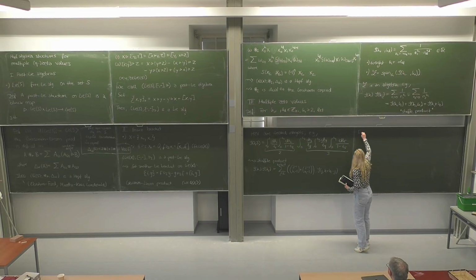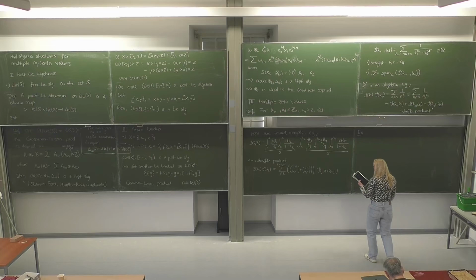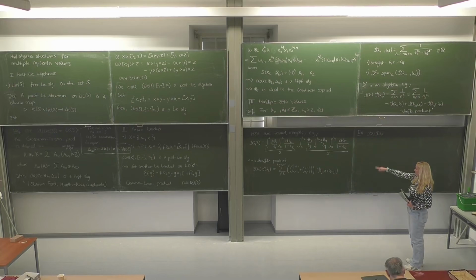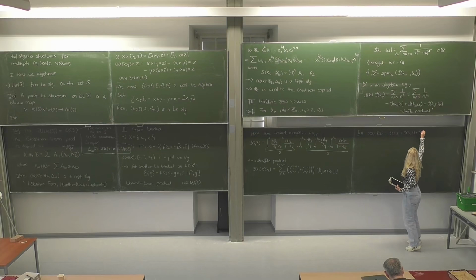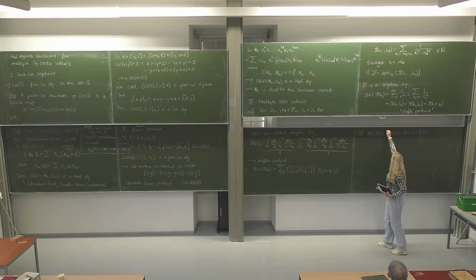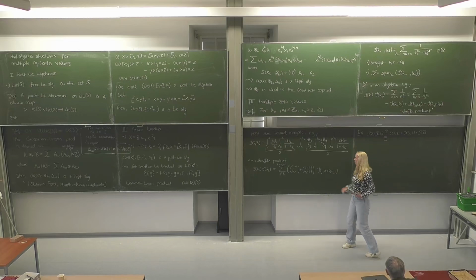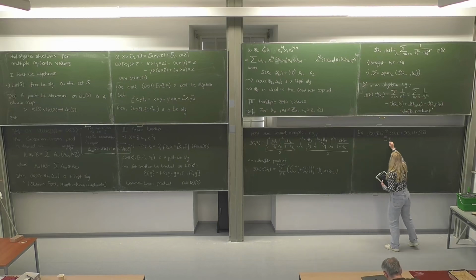So let me give you one more example to really make clear how you get relations in this algebra Z. The idea is really just to calculate this product in these two ways we have. So if I use the first one, this term would be zeta 2, 3 plus zeta 3, 2 plus zeta 5. Or you use this formula, which means you have to evaluate these binomial coefficients.